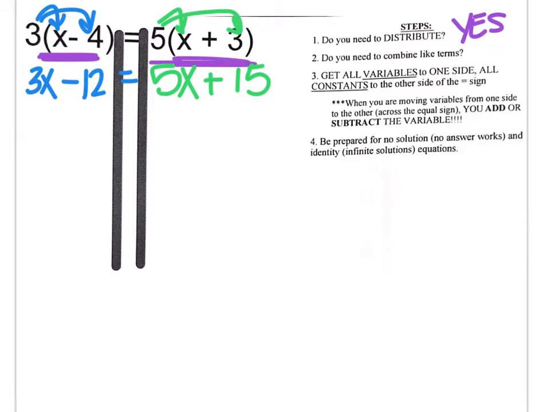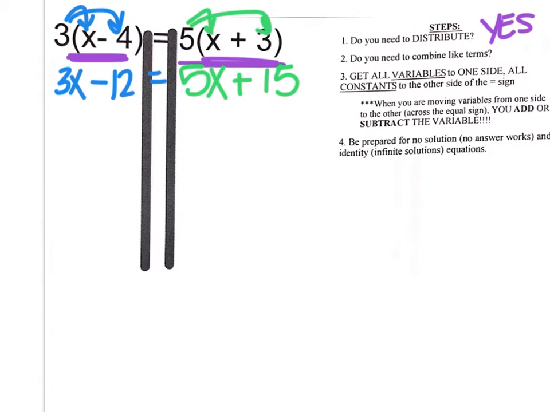Now, like I said, I don't care what you decide to move, whether it be your constants or your variables, but one thing that you always really want to look into is trying to move your variables in such a way that they stay positive. For example, let me move this over just a little bit.